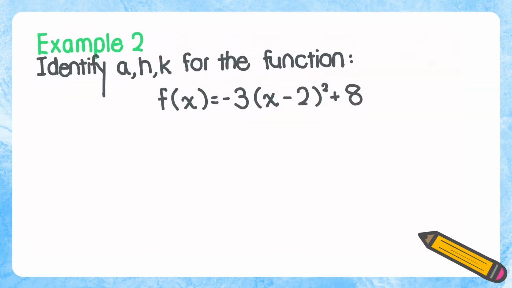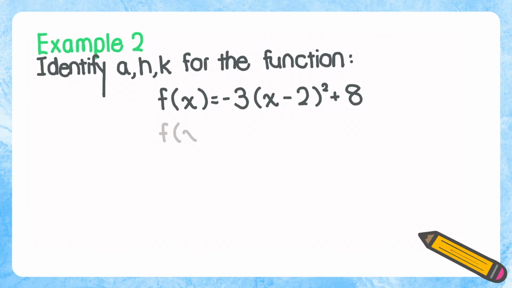For our second example, let's identify a, h, and k for this function. f of x equals negative 3 times x minus 2 quantity squared plus 8. I'm going to write the general vertex form.